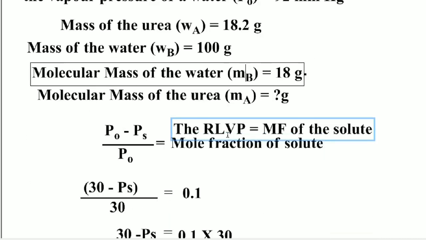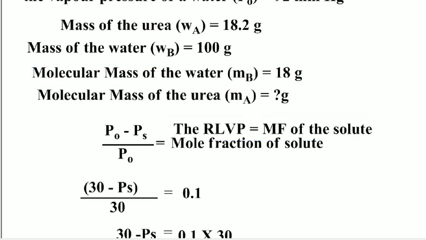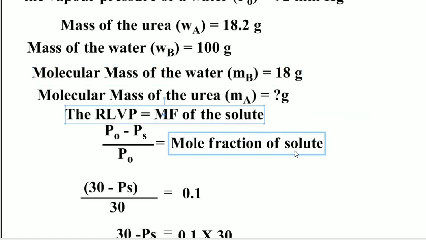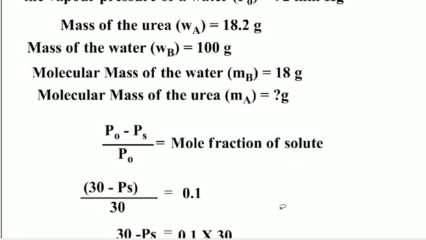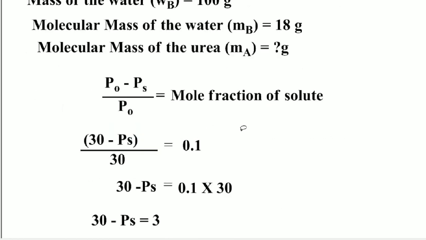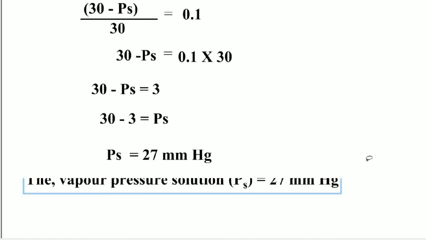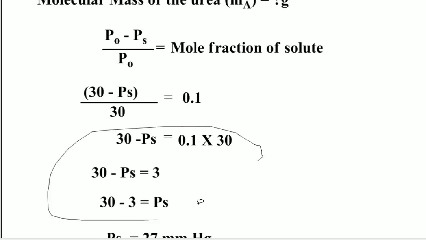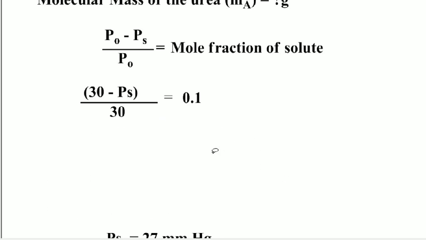Now students, from Raoult's law, we know that the relative lowering of vapor pressure is equal to the mole fraction of solute. So first we should find the number of moles of solute, and later the number of moles of solvent. Then we can solve the given problem.